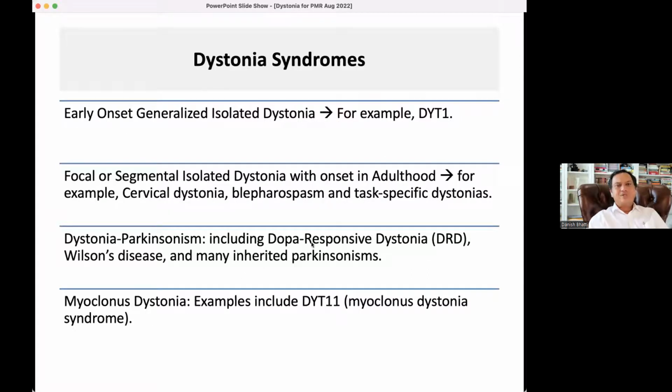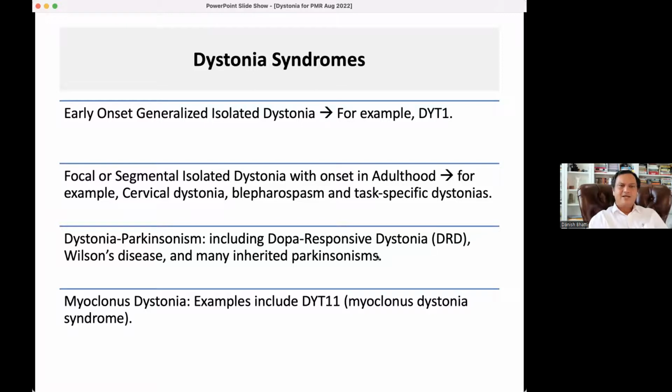Then there is dystonia seen with other features present or other situations present. So the most common classification will be dystonia with Parkinsonism. Now, Parkinson's disease can cause dystonia, which is considered secondary dystonia in Parkinson's disease. But there are syndromes where there is co-occurrence of dystonia and Parkinsonism, not likely from each other, but from something else common. One common example is dopamine responsive dystonia, which has features of Parkinsonism.